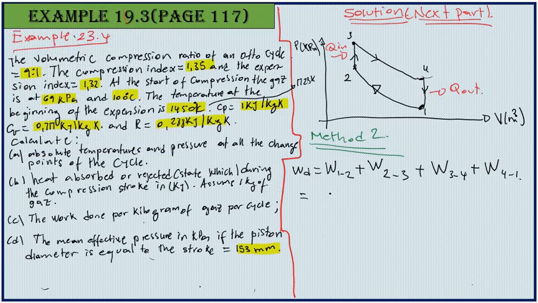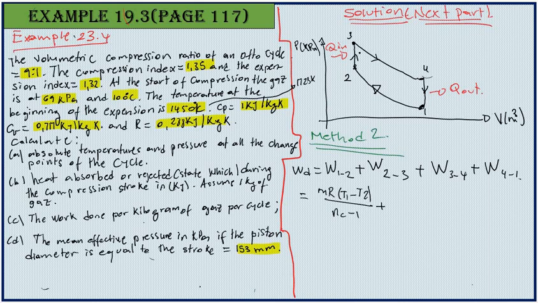So if we do so, we are going to have MR as we did in the previous slide. So we have T1 minus T2 divided by NC minus 1. So that is W from 1 to 2.